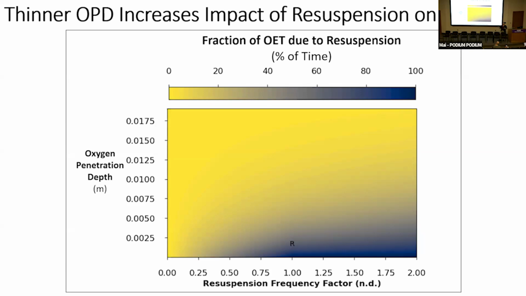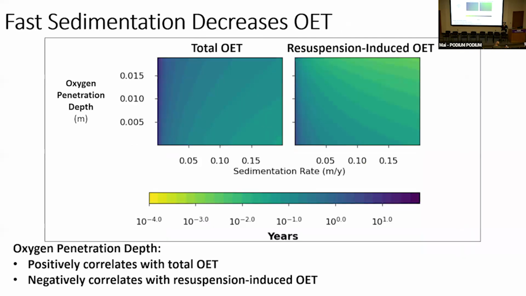One thing I want to point out is that this fraction doesn't actually depend on sedimentation rate, because we are assuming a constant sedimentation rate. The sediments move through both the oxic layer and the resuspendable layer at the same rate. But it would, of course, affect the total oxygen exposure time, as well as the resuspension-induced oxygen exposure time in seconds or years, whatever unit you're using.